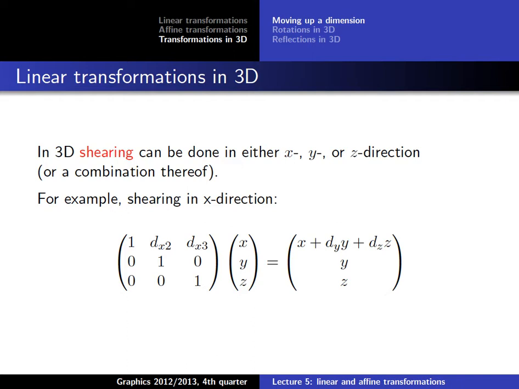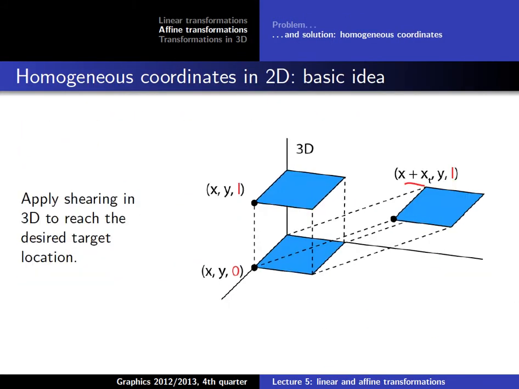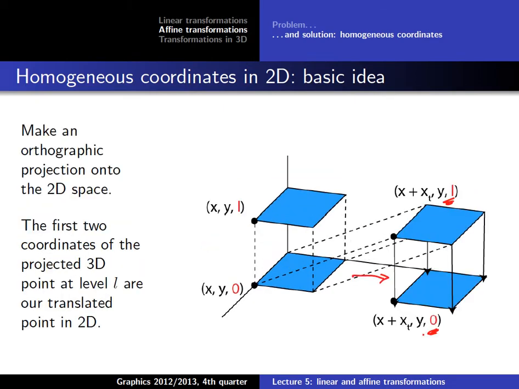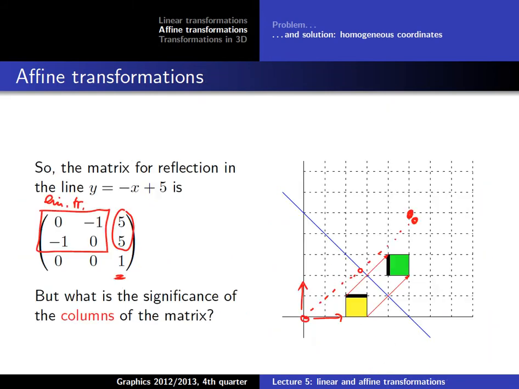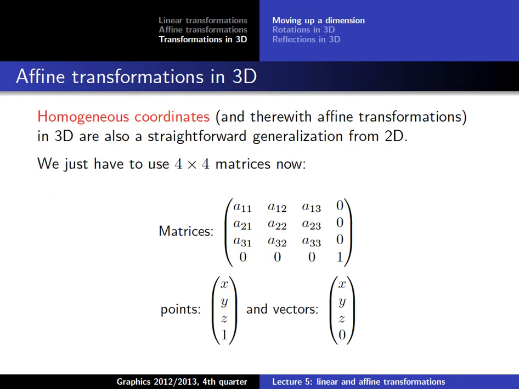But if we just want to shear, for example, in the X direction, which is actually what I did in this image here, because I didn't show the Y direction here, only shifted in X direction, then actually such a matrix would be sufficient. Good.